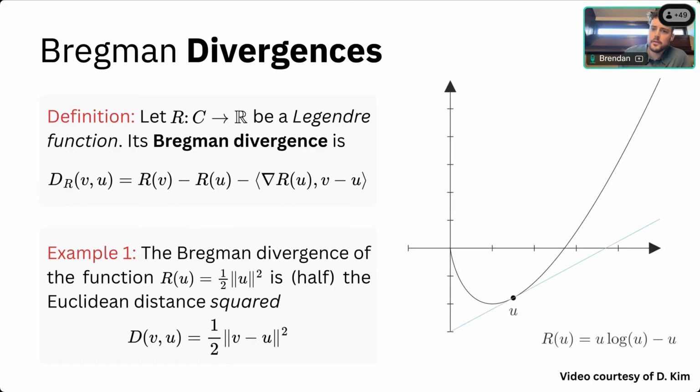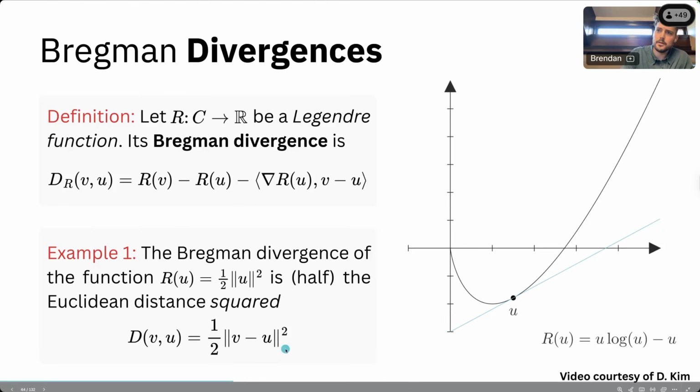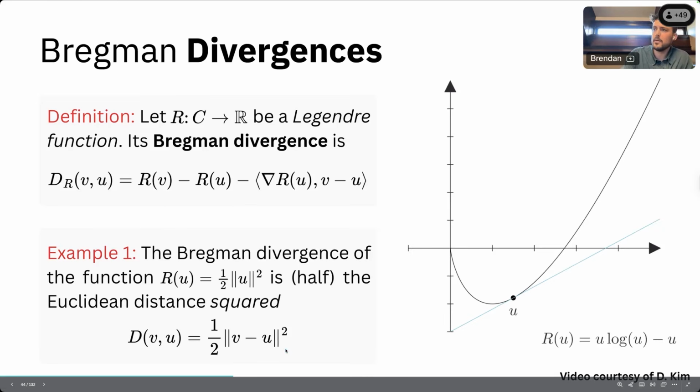Well, a Bregman divergence is basically a generalization of the squared norm, but it's generated by a Legendre function. It's looking at the linearization error in your first order Taylor expansion of your Legendre function at a point. And if your Legendre function is quadratic, then you actually get back the squared Euclidean distance in the proximal point method.